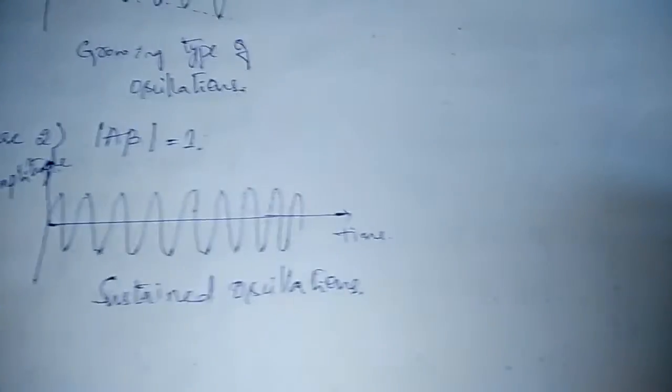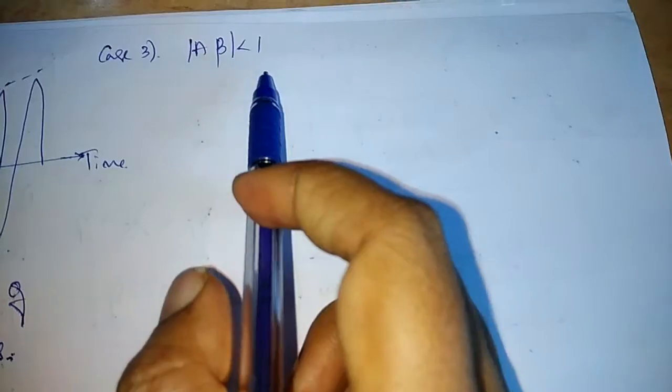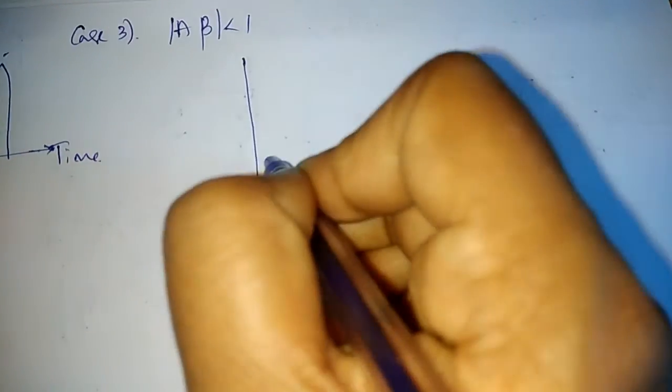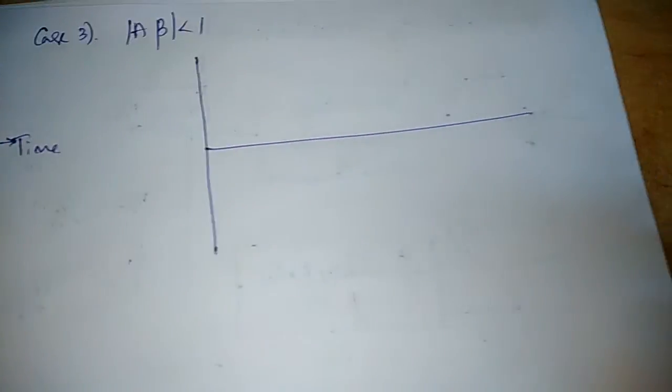Okay, and the third case, when A beta is less than 1. Case 3: A beta is less than 1. What happens? You'll be getting oscillations here also, but here you'll be getting decaying signals.